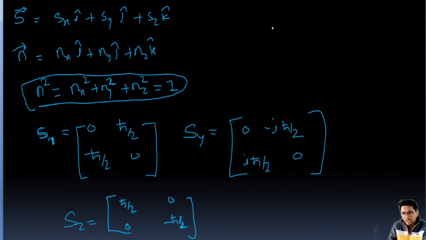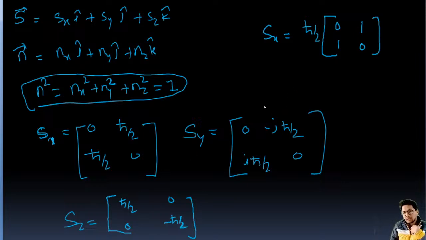Similarly, we can write Sx equal to h cut by 2 times the Pauli matrix 0 1 1 0, and Sy likewise, because Sx equals h cut by 2 sigma x.